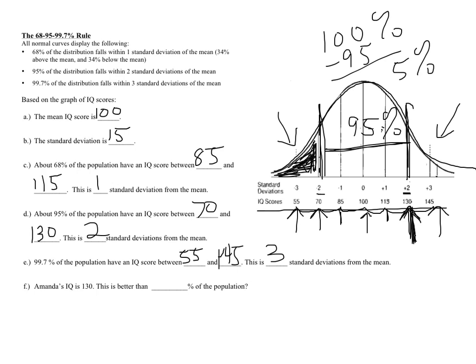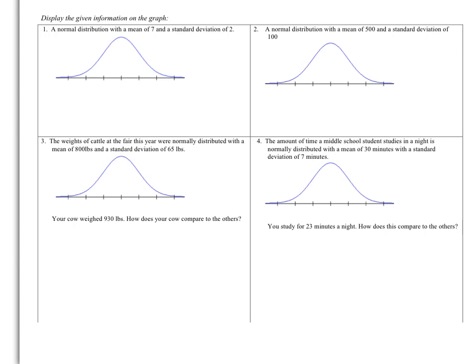So this shaded in region that I have here, that's 2.5%. And this non-shaded region over here is 2.5% as well. So she is better than 97.5% of the population.